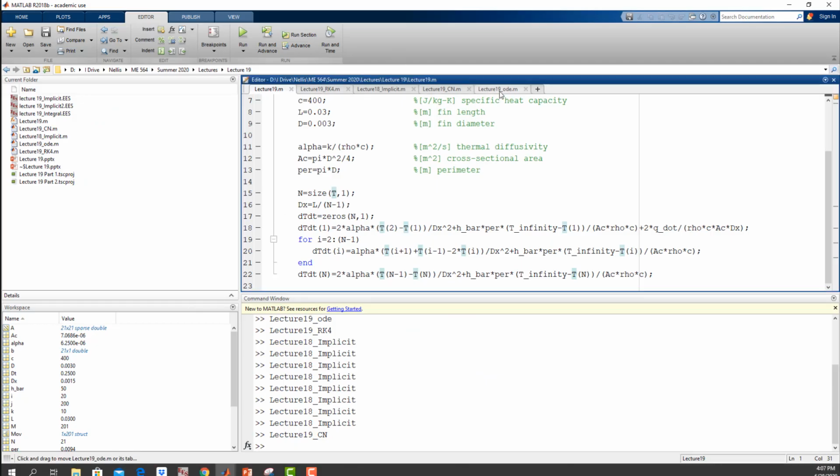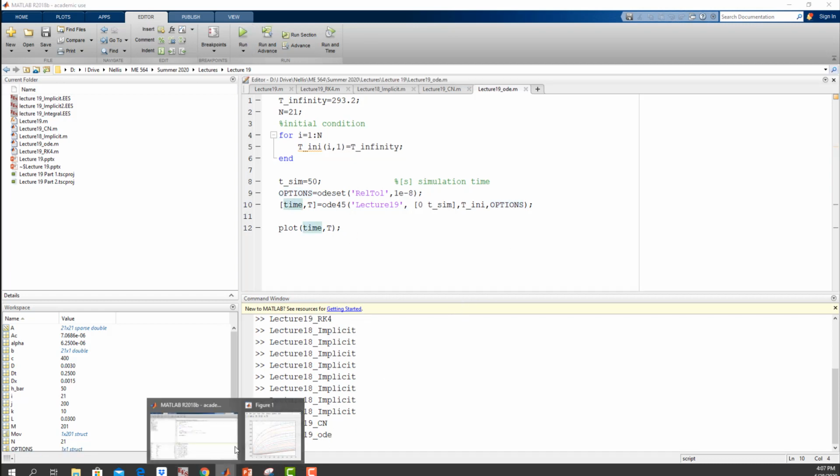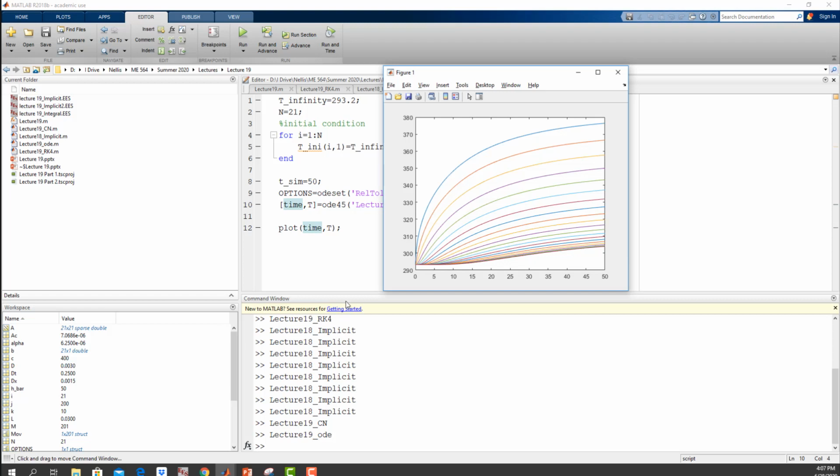So that's what I did here. ODE45, lecture 19 is the function. This is the range of times. My T initial is just T infinity. I set the options here so that I have a smaller tolerance, and then I can plot the answer. And somewhere I have a plot, and it looks like all the other plots of that type have looked.